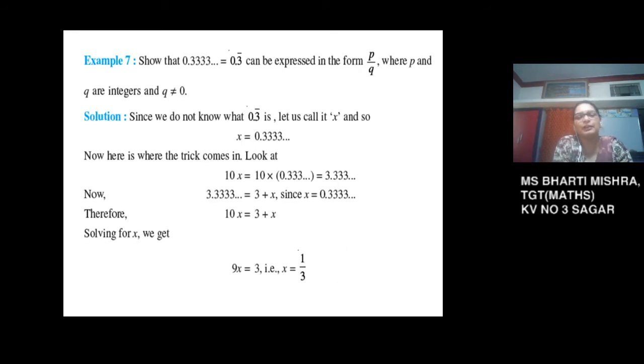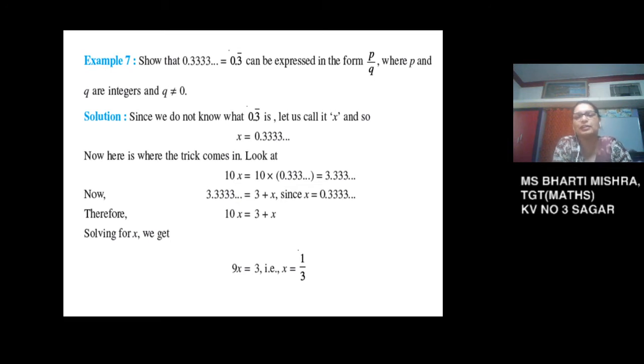Another example we are going to consider, that is how we can write a non-terminating recurring decimal as a rational number. So the method used here is, let us suppose that this number 0.333 is written as 0.3 bar.